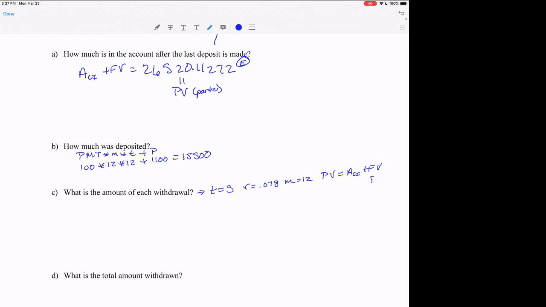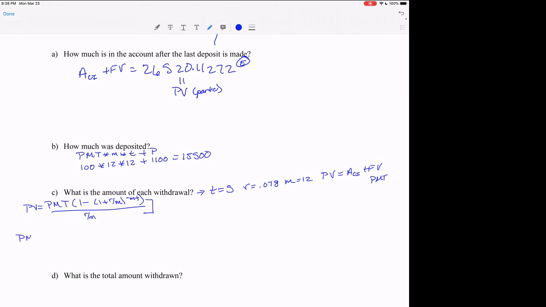And we want to find payment. So if I tell you that present value equals PMT times 1 minus 1 plus R over M to the negative MT, over R over M, how do I find our payment? Well, I'm going to multiply by the reciprocal of that.